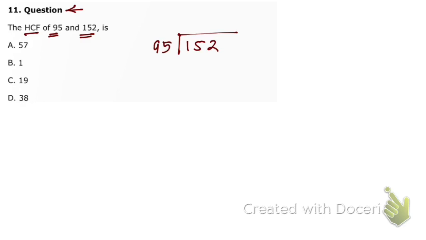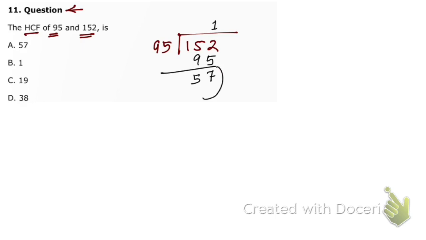You cannot give 2 times here, because you're going to get 190. So let's give 1 time. Then here we're going to get 95, right? And then here it is 7, that's 14, so here we're going to get 57.